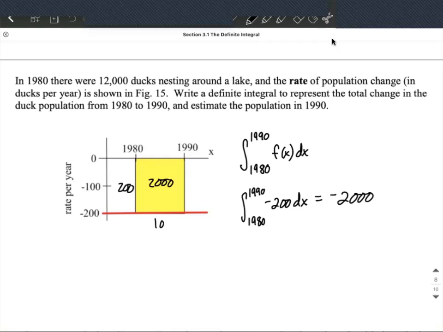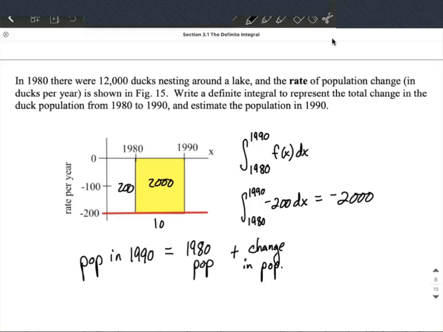All right, and then what about estimating the population in 1990? The population in 1990 will be whatever the starting population was, the 1980 population, plus whatever the change in population is.